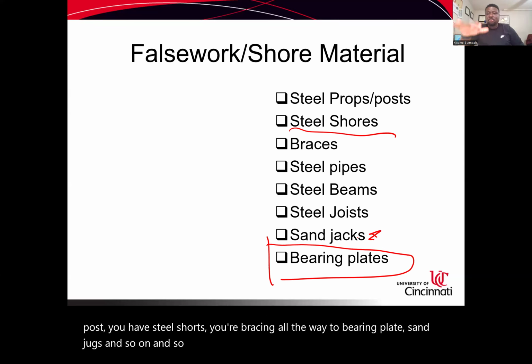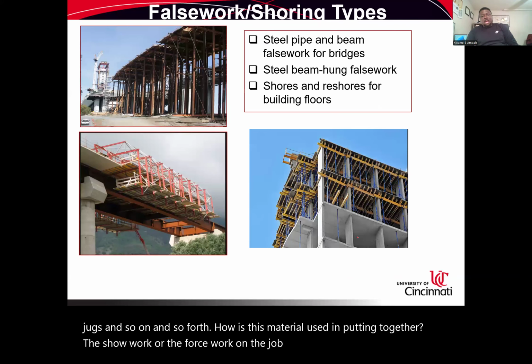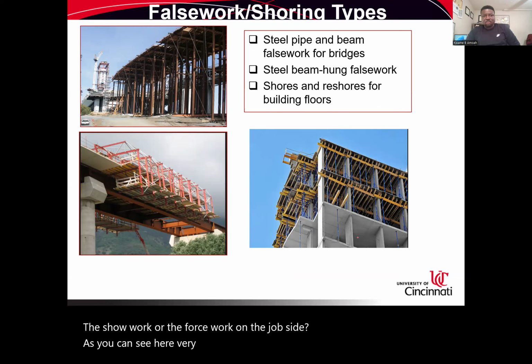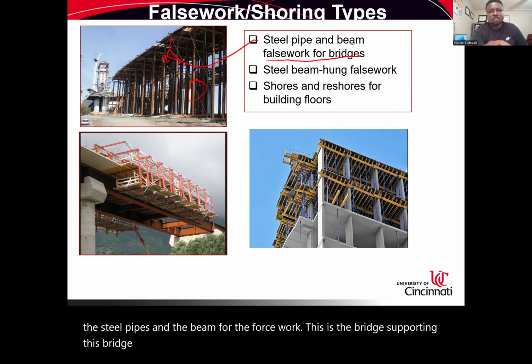How are these materials used in putting together the shore work or the forcework on the job site? As you can see here, very simple. The pictures illustrate everything easily. So the steel pipes and the beam for the forcework, this is the bridge, supporting this bridge. So these are the steel pipe and the beam to support that.